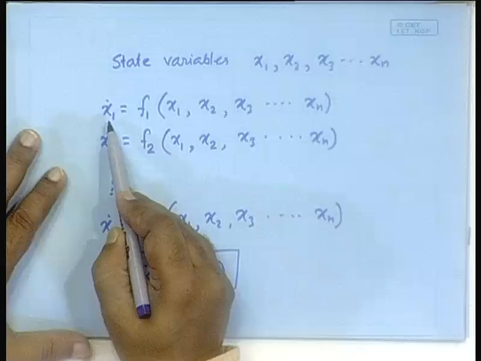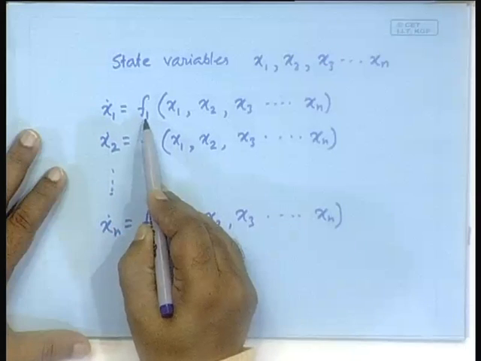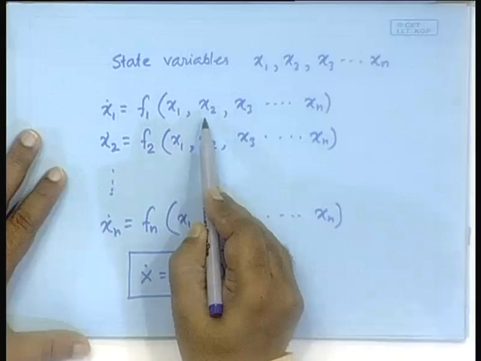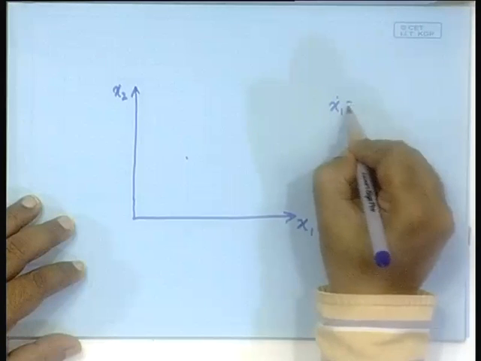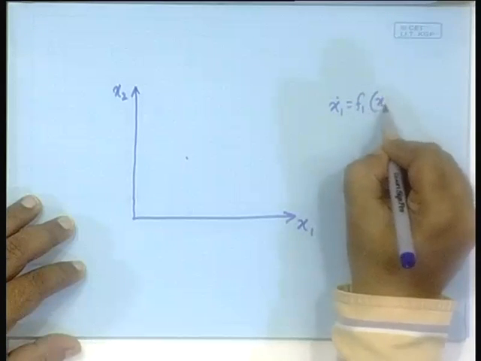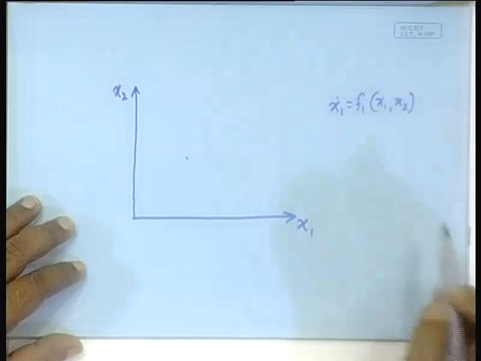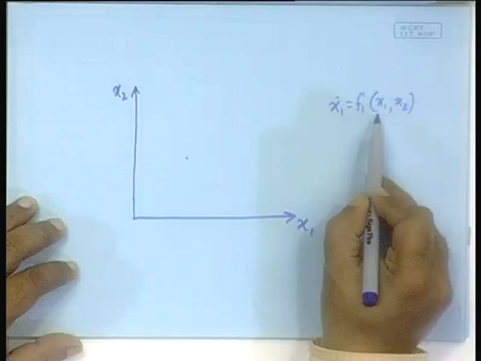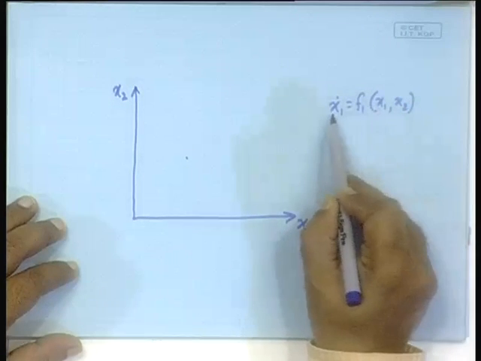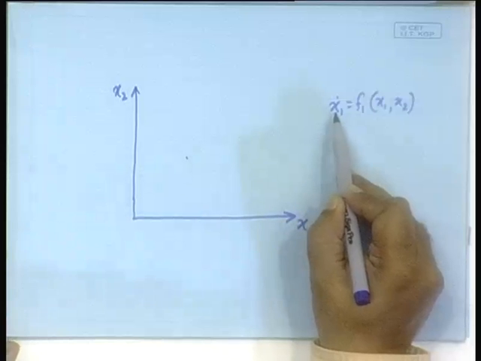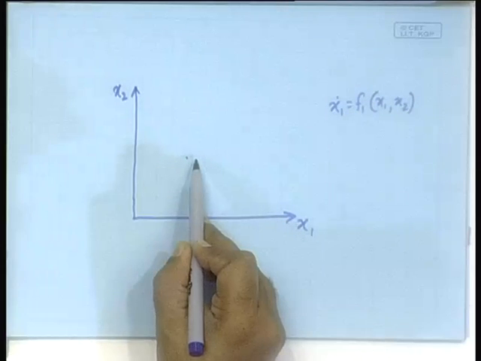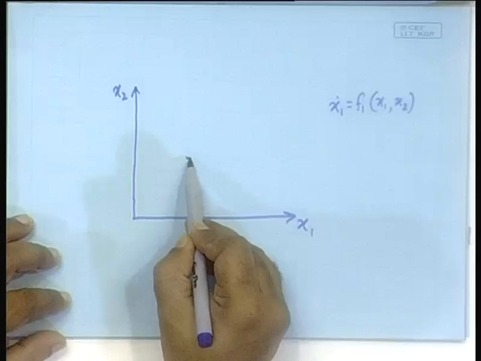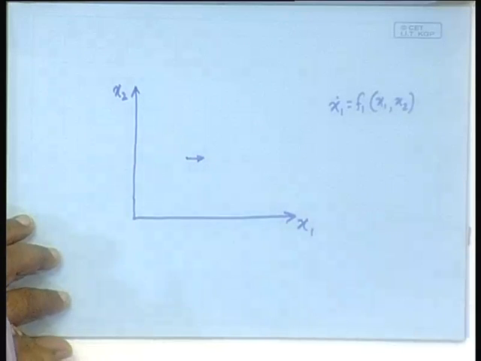It says that x 1 dot is a specific function of x 1 and x 2, which means I will write it here, x 1 dot is equal to f, a specific function of x 1 and x 2, which means that if x 1 and x 2 are known, then x 1 dot is known. X 1 dot means how x 1 would change in the next instant. So, that is something like this.